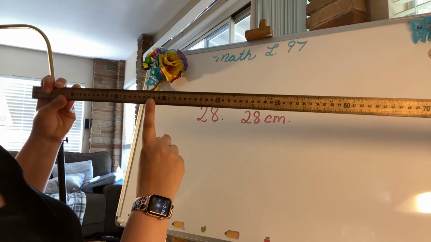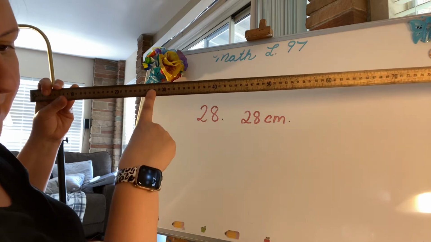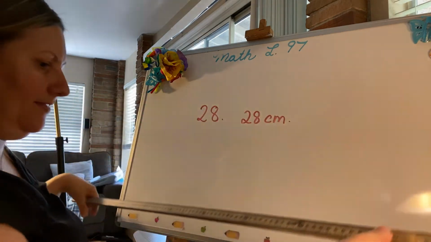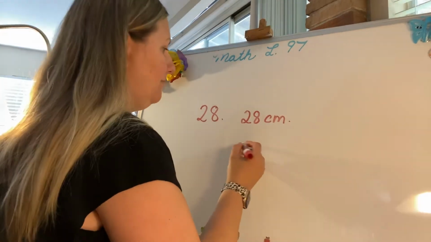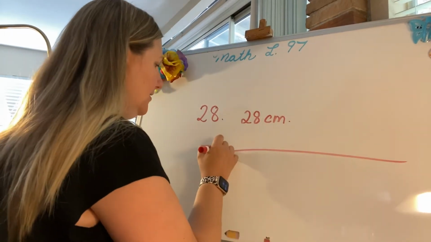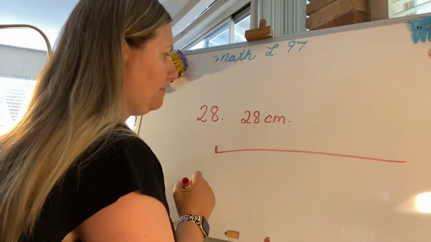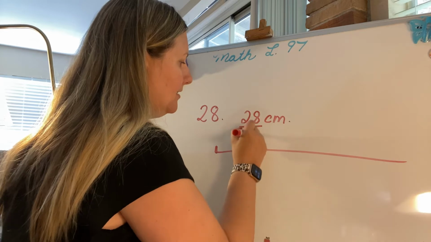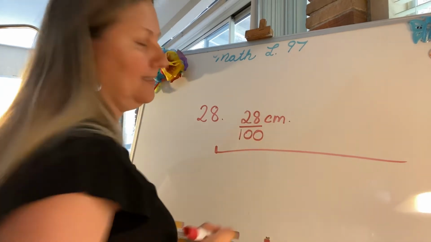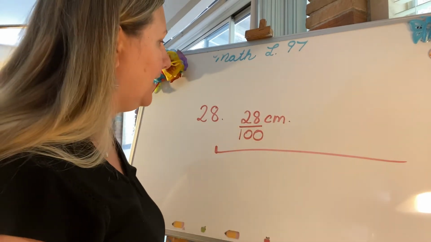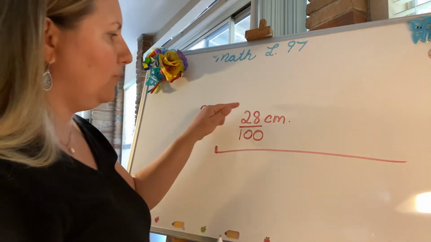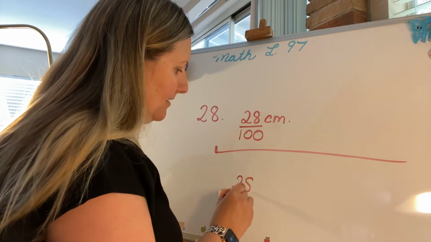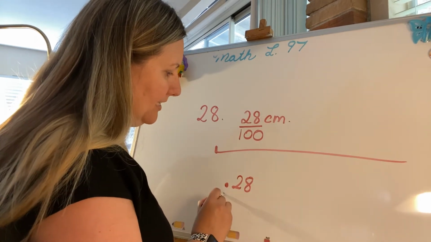And the question is, how many parts of a meter is that? Because a meter is larger than this. So, of a whole long meter, here's a little centimeter. So this is 28 centimeters out of 100 centimeters that are in a meter. So when we say 28 hundredths, isn't that the same as 0.28?